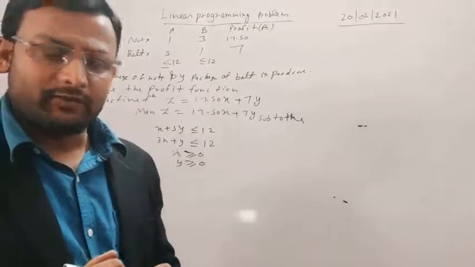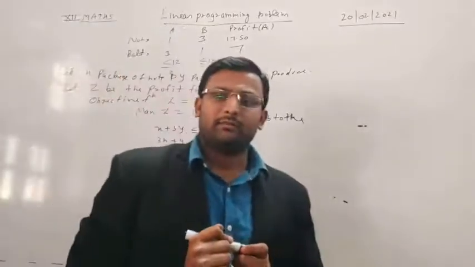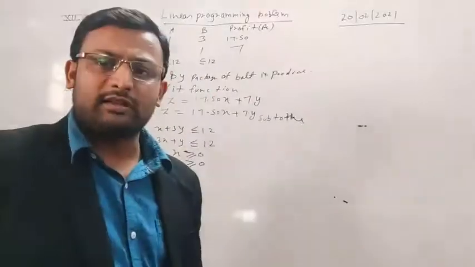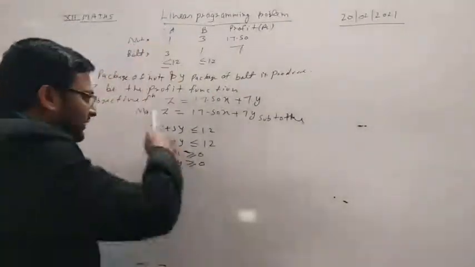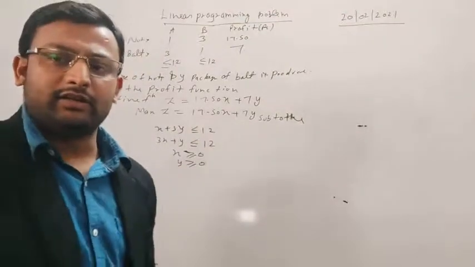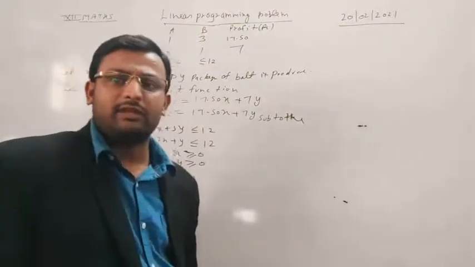After getting the feasible region, we consider the corner points, find the value of the objective function at each corner point, and check which is maximum.